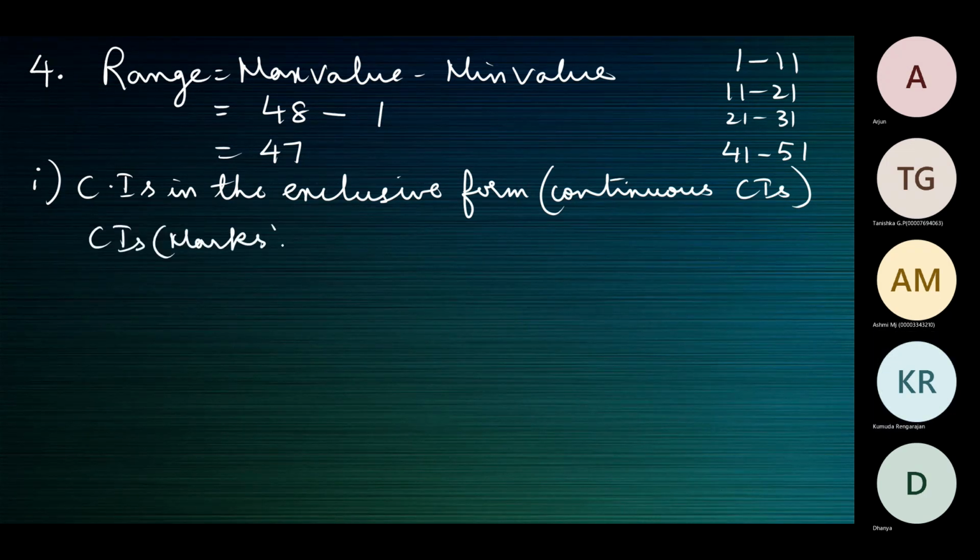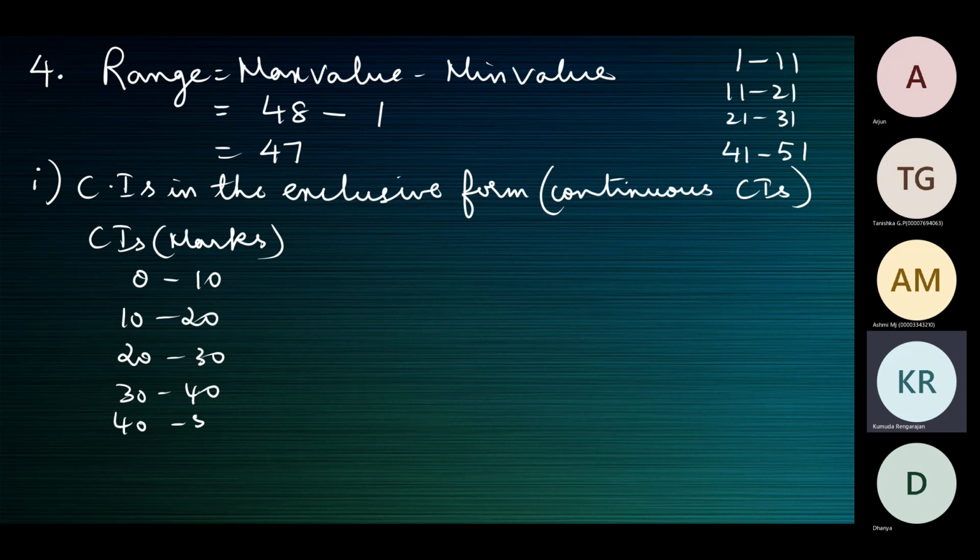Okay. 0 to 10, 10 to 20, 20 to 30, 30 to 40, 40 to 50. The highest value is 48. So this is enough. 40 to 50 will include the highest value, 48. So we have created 5 class intervals. Then you'll have to make the tally marks. Yeah, do this, children. Do this one.